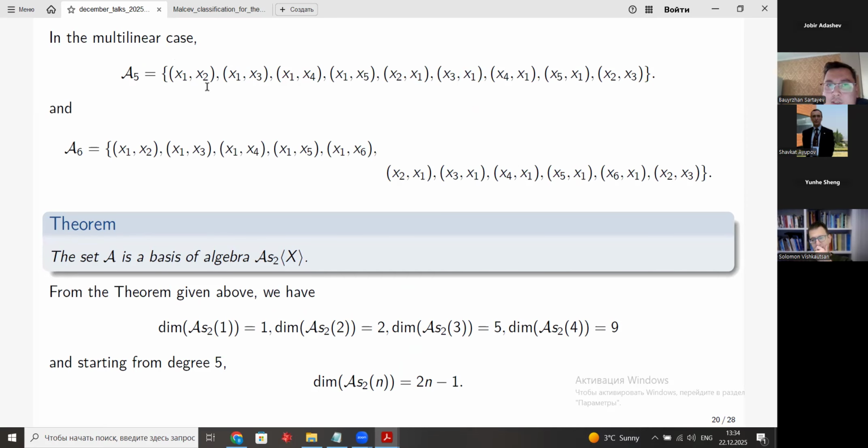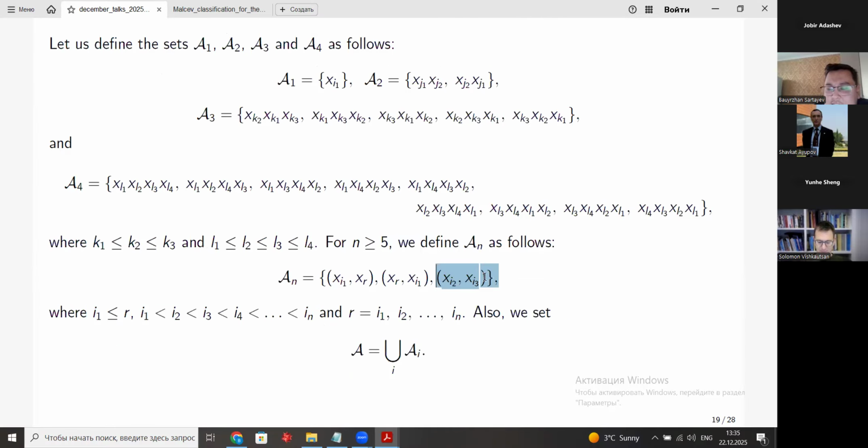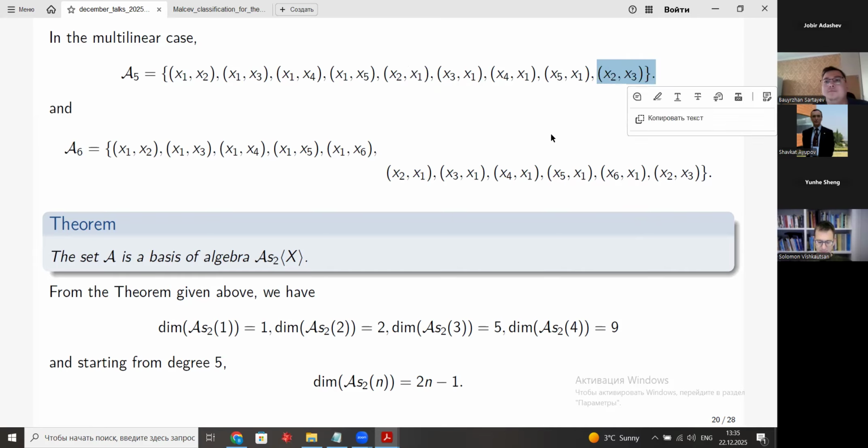So you see that we have all possible pairs with x1 and the other vertices, sorry, generators, where x1 stays on the left side and on the right side. And we also add this additional monomial. So here it will be x2x3.